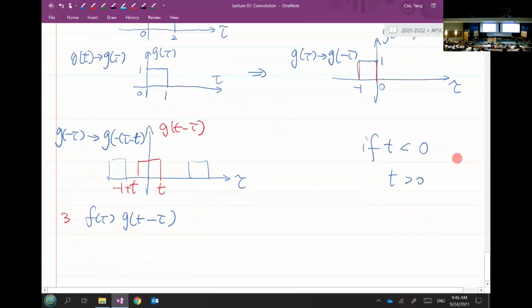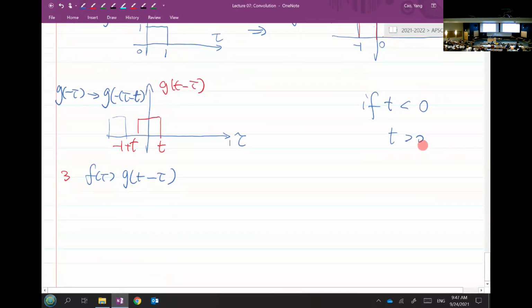Now you have a little bit more complicated, different so-called patterns of overlap based on the actual amount of t you are shifting here. So that's why I need to be a little bit more careful for the values when t is greater than 0. But let's put this down.